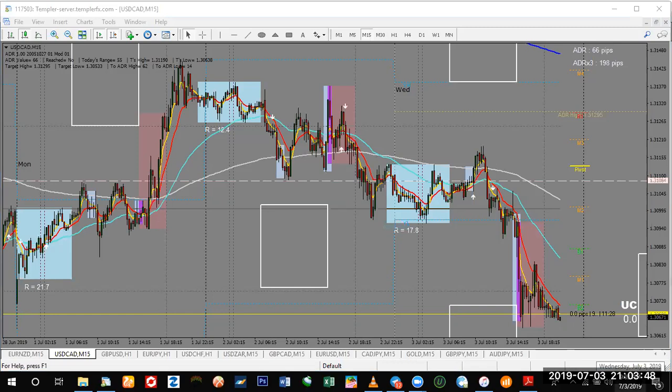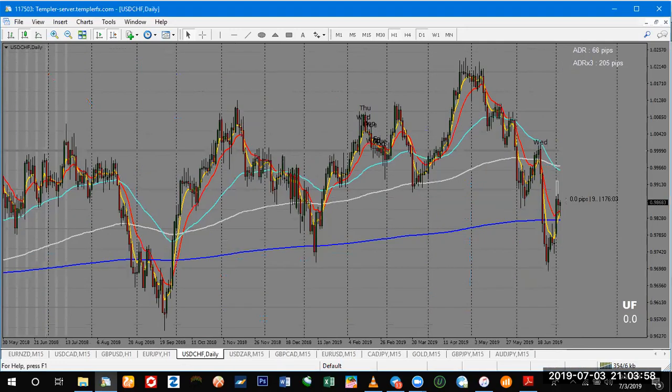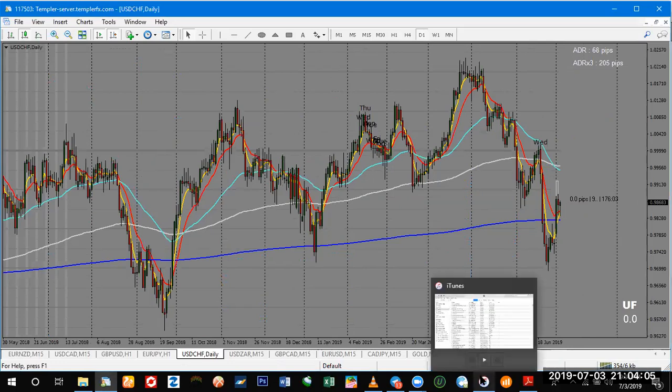We still have half an hour. Let's continue on the resets, the resets in the daily time frame. Good example here, we have the USD Swiss franc. So this is the daily time frame for USD Swiss franc.